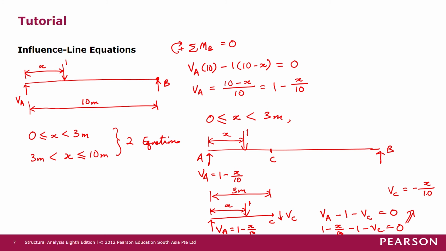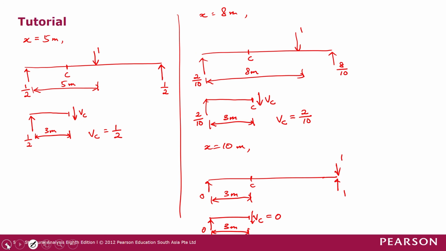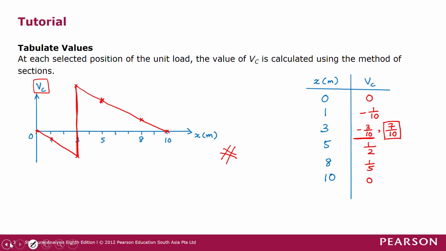VC equals minus x over 10 is actually the function of this line here. When x equals 1, this is 1 over 10 that we have solved.